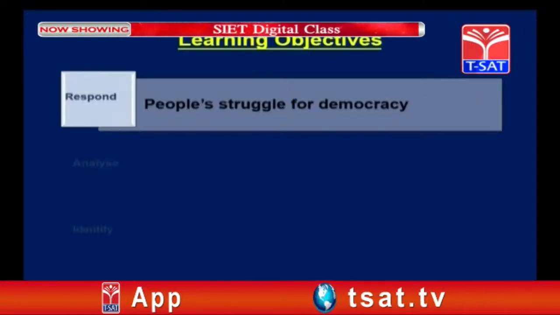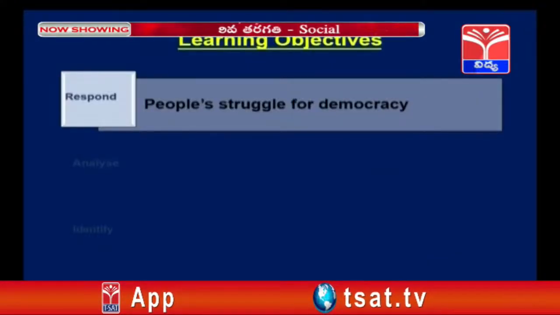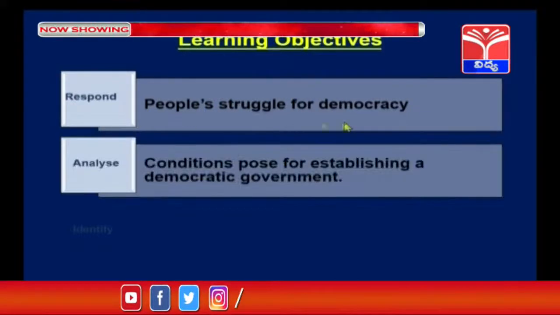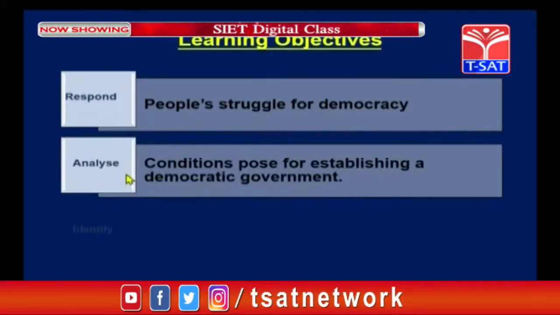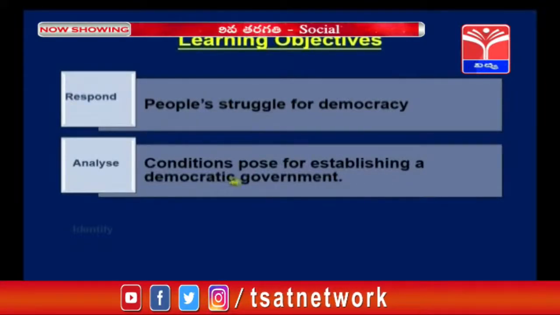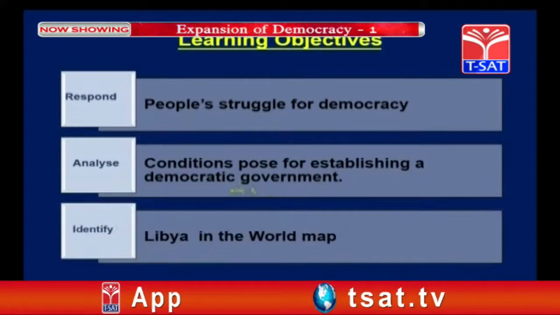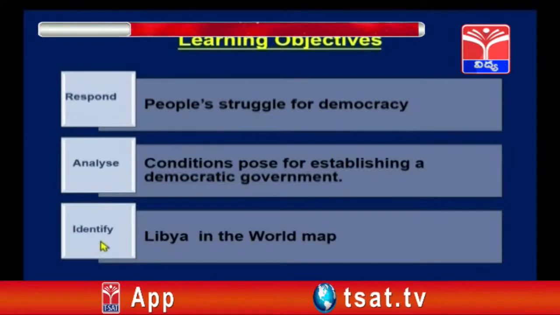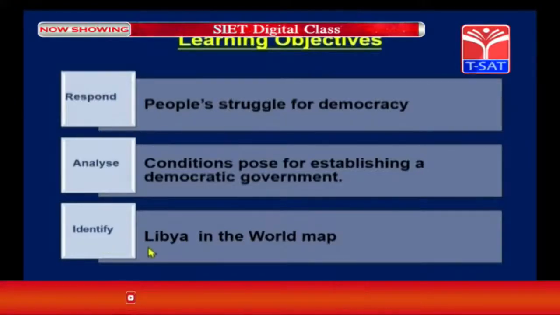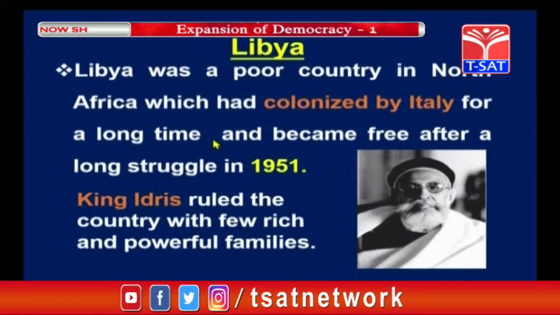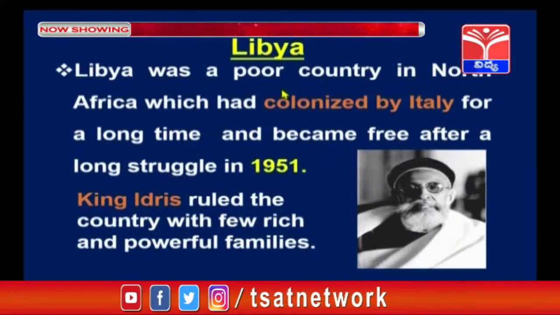Children, by the end of this session you will be able to respond how the people struggled for democracy, analyze what conditions are needed for establishing a democratic government, and identify the location of Libya in the world map. Let us see the situation in Libya.